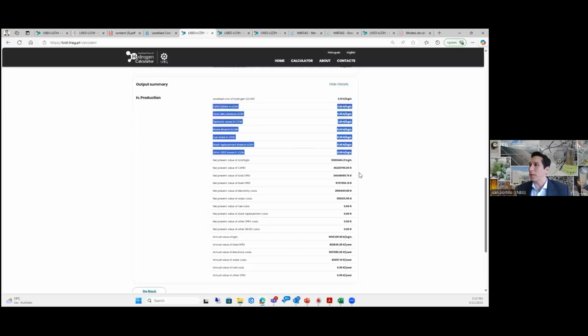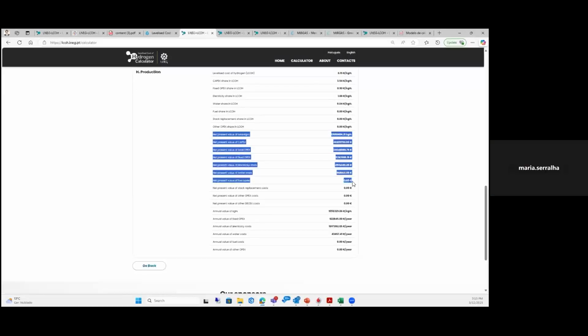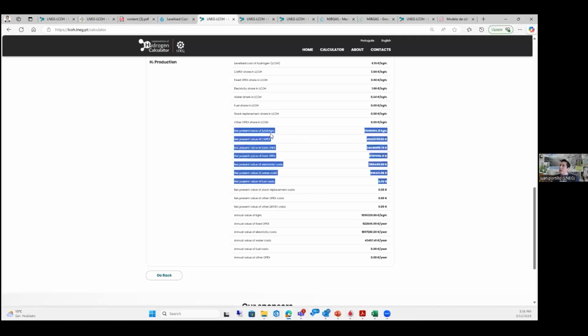What we have in addition are the net present values for all these quantities, which is very useful. Sometimes just to verify the values, or if you want to put this into Excel and you are doing a sensitivity analysis or something like that, you may have this.